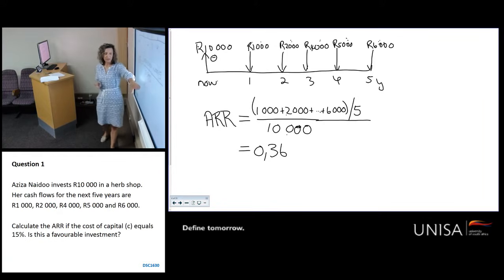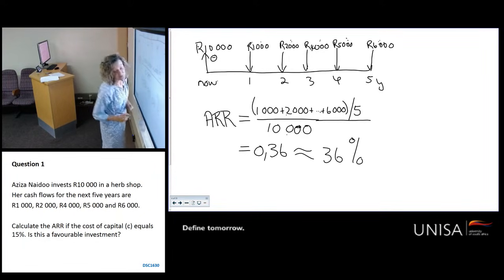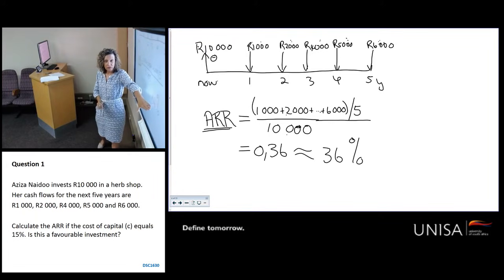Now what does that mean? We need to change it to a percentage, our rate of return, so it's actually 36%. So if we use the average rate of return, we get an average rate of return of 36%. Now, is it favorable or not? We will look at the cost of capital.